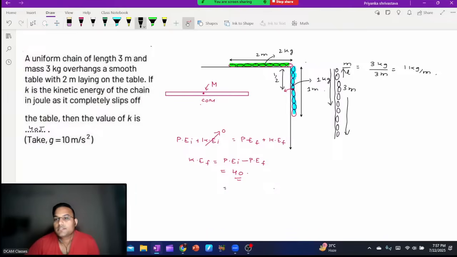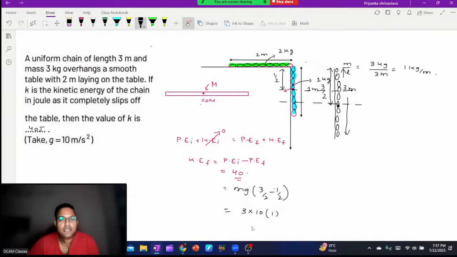So this distance will become 3 by 2, where the mass is. So the difference of the heights will become the potential energy. That means mg into 3 by 2 minus half. So what is mass? 3 into 10 into 1. I'm getting 30.